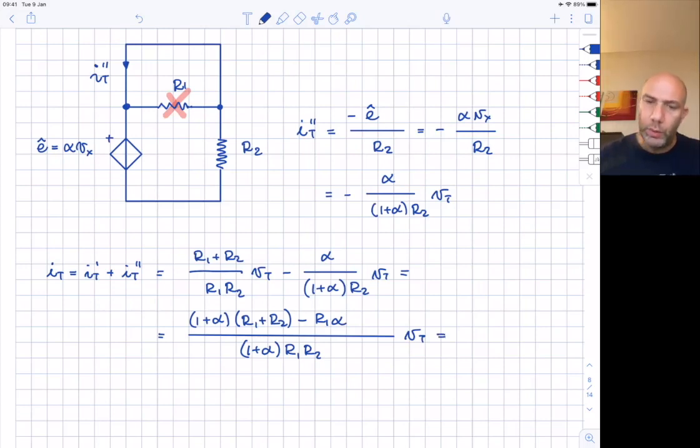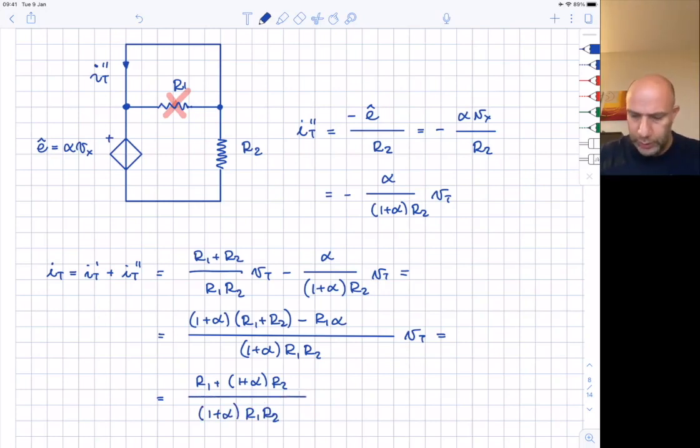If we work with the numerator with basic algebra, we have R1 plus 1 plus alpha R2, divided by 1 plus alpha R1 R2, and this coefficient multiplies Vt.